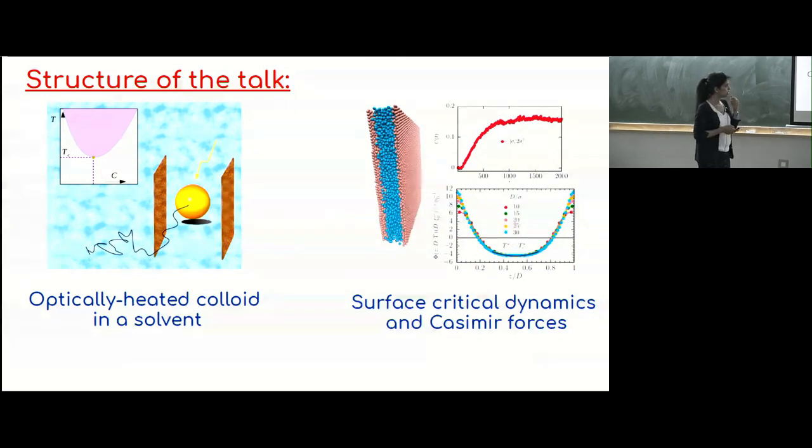Another thing I'm working on is Casimir forces and surface critical dynamics, where you take a binary liquid mixture and put it between two confining, impenetrable walls which have a preferential attraction to one of the two components of the fluid. This symmetry-breaking surface field affects the static and dynamic properties of the fluid, and that is known as surface critical dynamics. Under certain situations, you might get a force which acts on these surfaces, known as Casimir forces. But I will talk about this in detail tomorrow.